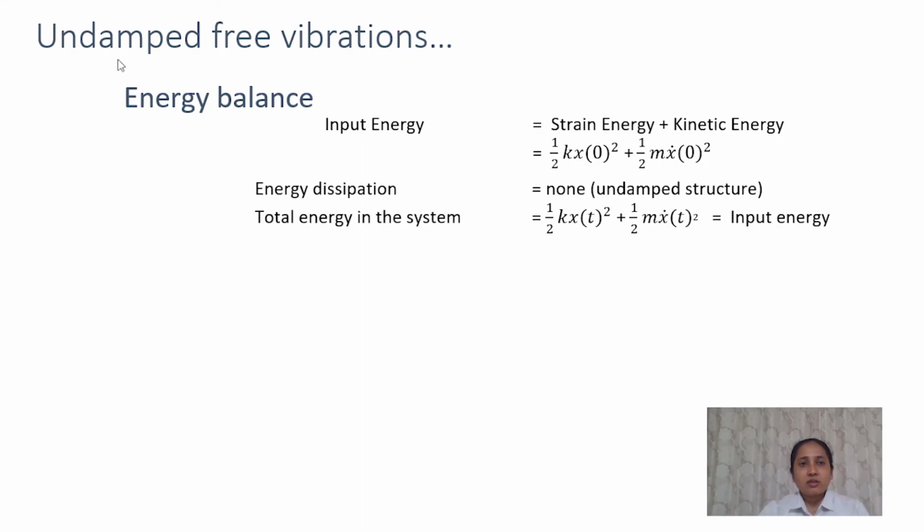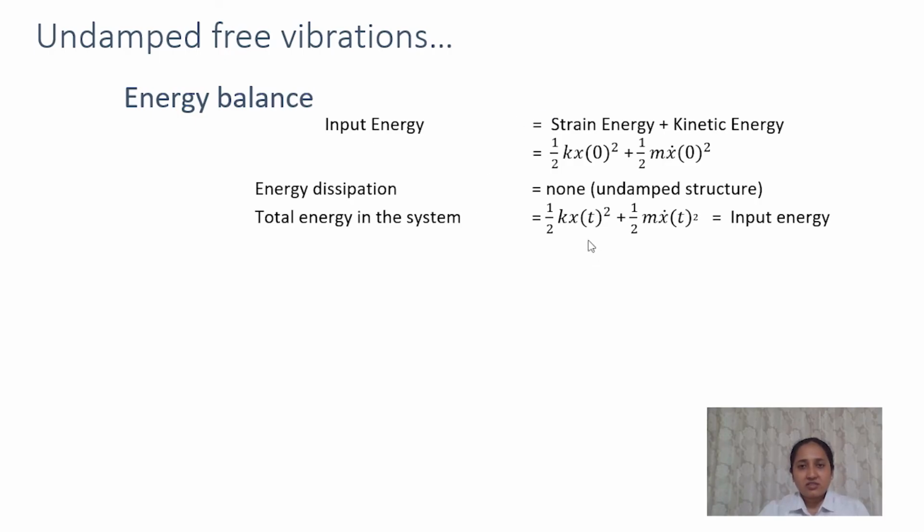And currently we are looking at undamped free vibrations. That means there is no damping present in the system. If there is no damping, that means there's no energy dissipation. There's no way this input energy is dissipated in the structure. So at any instant of time, the structure will have a total energy equal to the input energy which we have given.